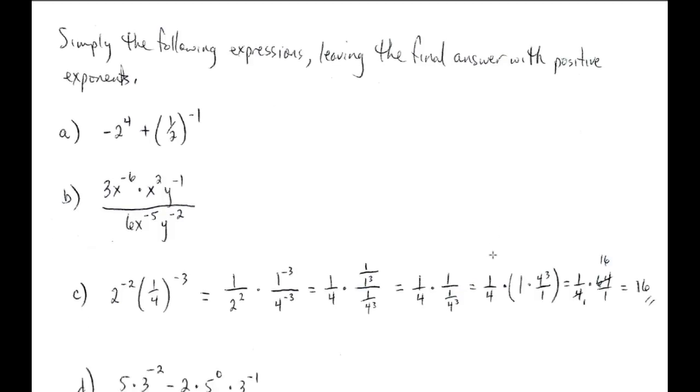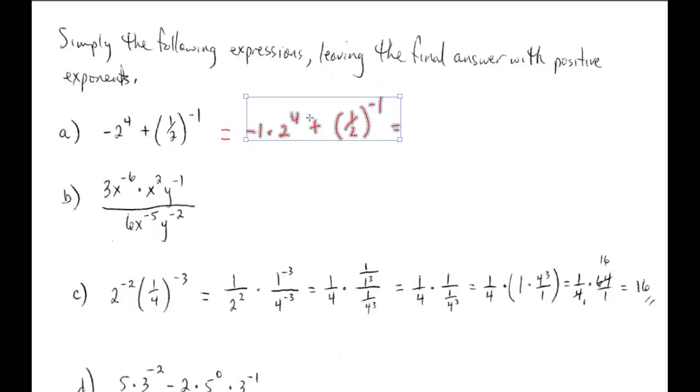Okay, so to finish up here, now that we have these rules, we're going to go ahead and just work these out. So I'm going to work these out for you quickly so you can see how these end up looking. So negative 2 raised to the 4, we look at as negative 1 times 2 raised to the 4, plus 1/2 raised to the negative 1.